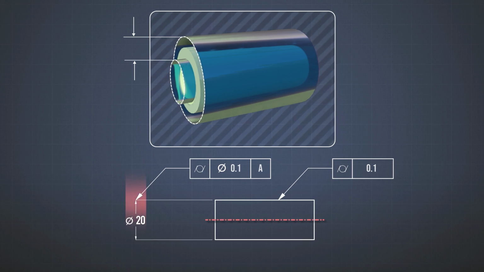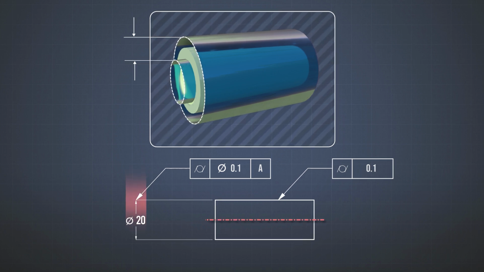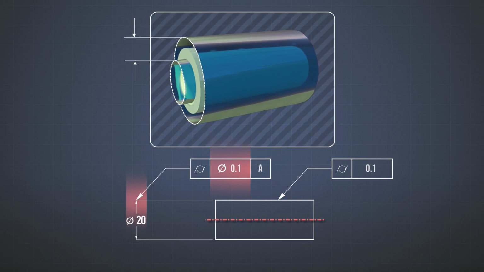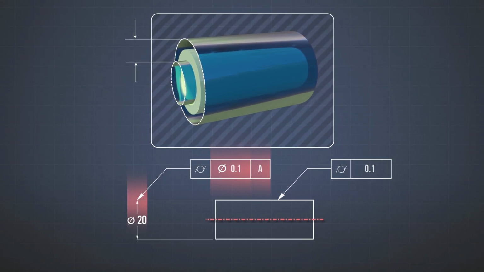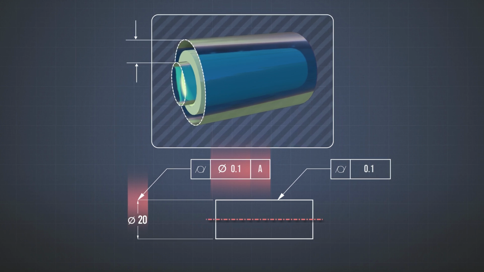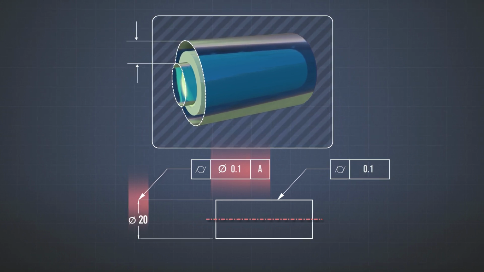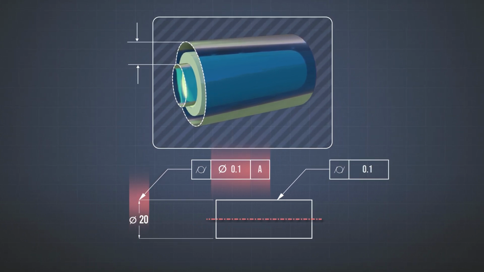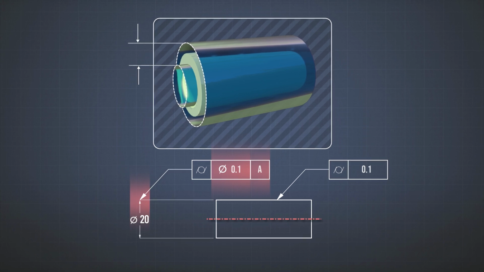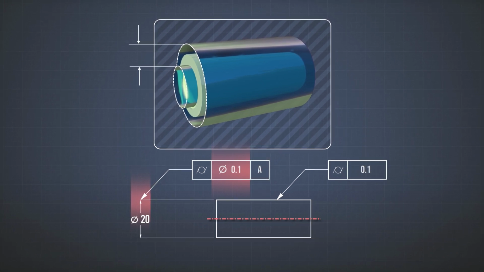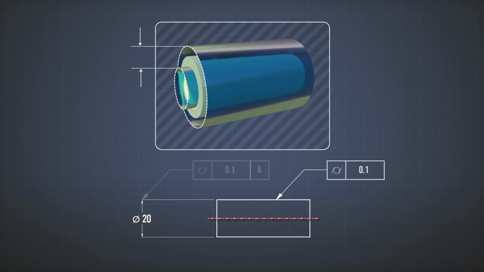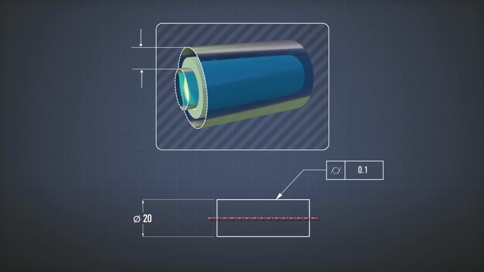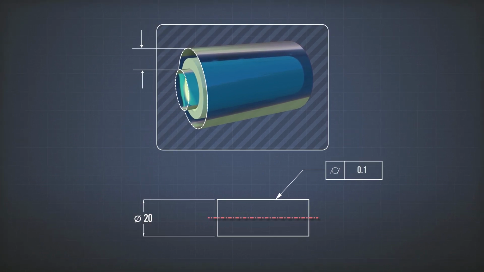First mistake is tolerating the center line. Second mistake is the diameter sign. And the third mistake is choosing a reference element for the circularity or the cylindricity. A circle can be round, but not with reference to anything else. So you have to delete the datum. You have to delete the diameter sign, and you have to point directly at the element and not at the symmetry axis.